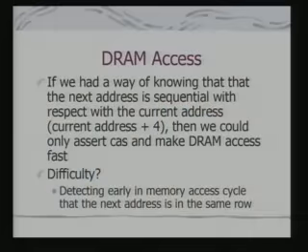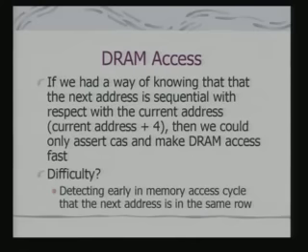So, if we had a way of knowing that the next address is sequential with respect to the current address, then we would only assert CAS and make DRAM access fast. So, I need to detect early in the memory access cycle that the next address is in the same row.